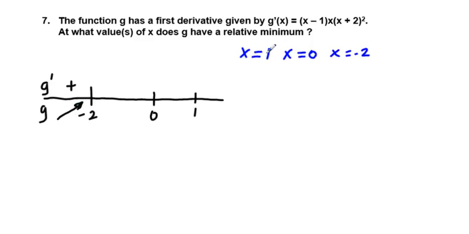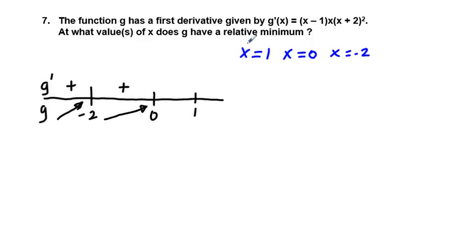And then if we go between negative 2 and 0, we have the same situation. We have a negative times a negative, and even at x equals negative 1, x plus 2 squared is positive, but a positive times a positive is again a positive. So we are still increasing between x equals negative 2 and x equals 0.